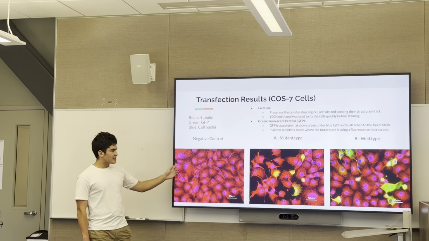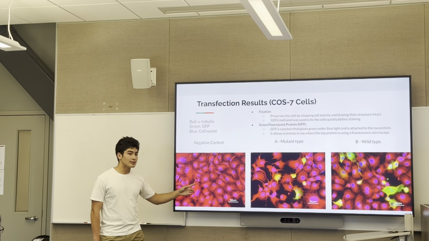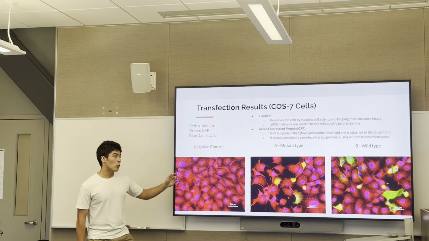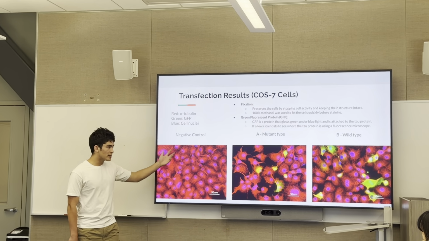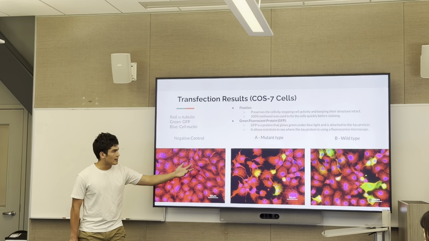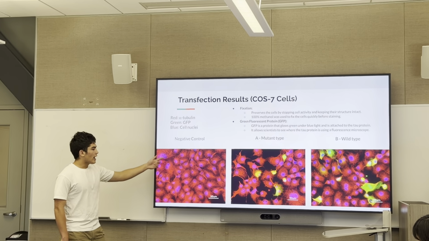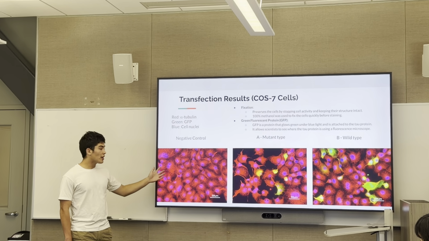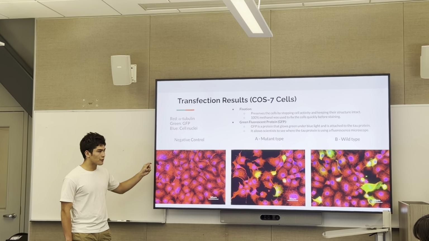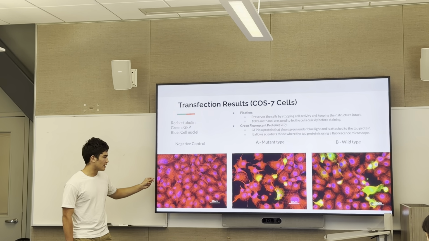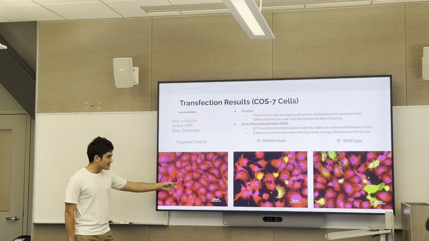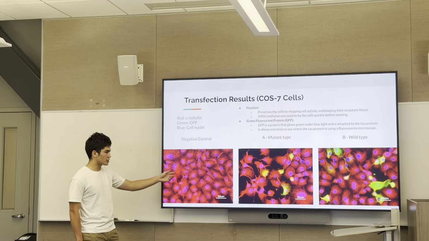The blue is the cell nuclei, using a stain called DAPI. This is to make sure that what we're looking at is actually cells, and as we can see, all of these are cells. So here we have a negative control. Nothing was added to these, except for the antibodies. These are normal cells. We can see the stringy microtubule structure in these.